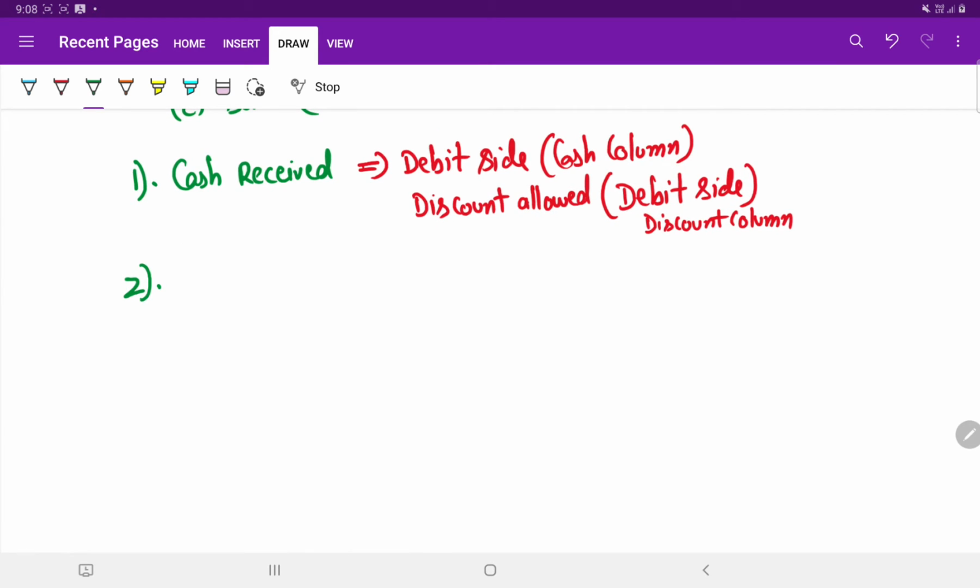All the cash payments are to be recorded on the credit side in the cash column.